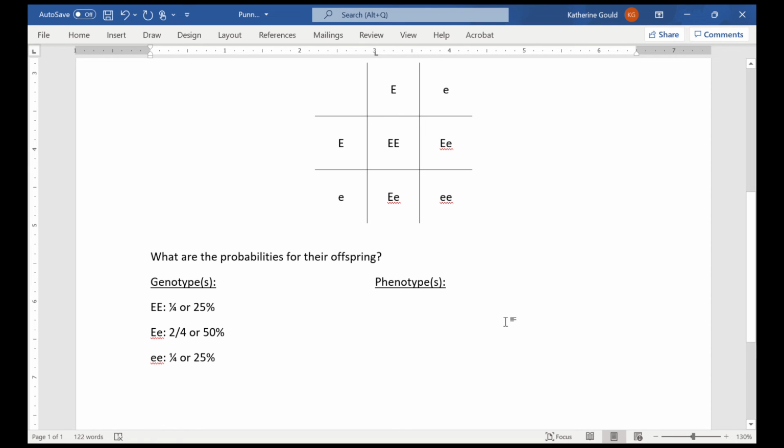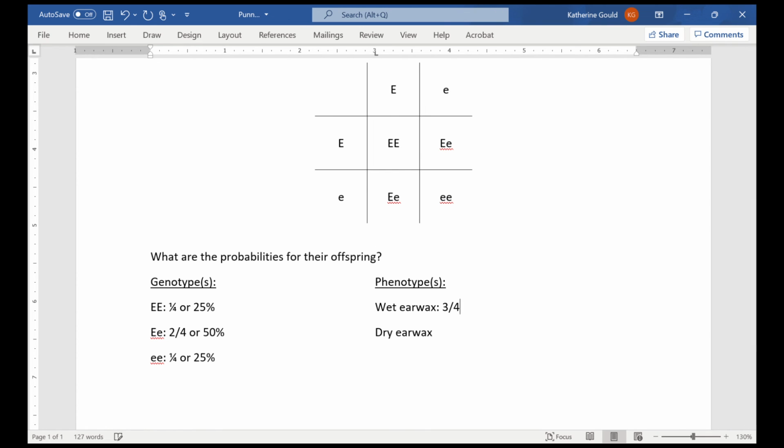There are 2 possible phenotypes. One is wet earwax, and the other is dry earwax. Okay, wet earwax is conferred by the dominant allele, which means that all 3 of these possibilities result in wet earwax.